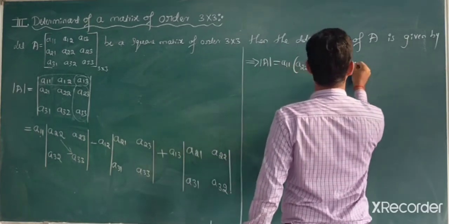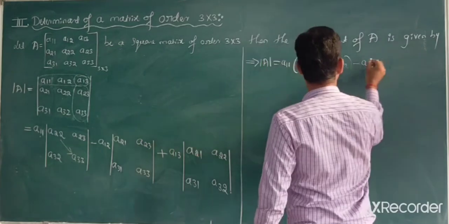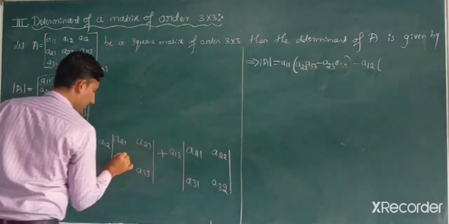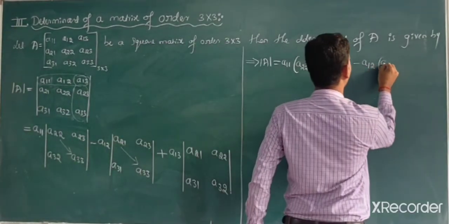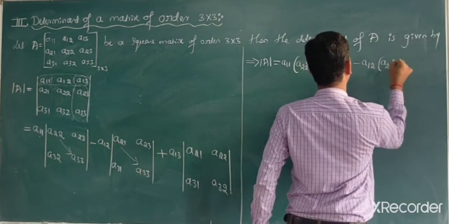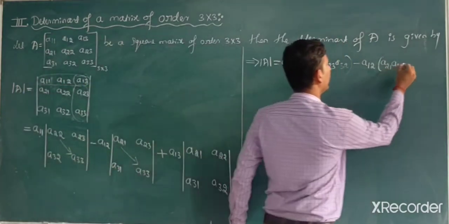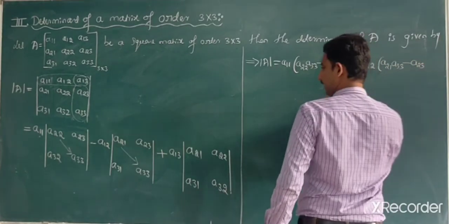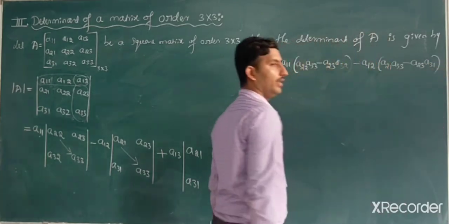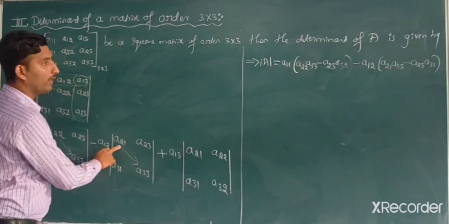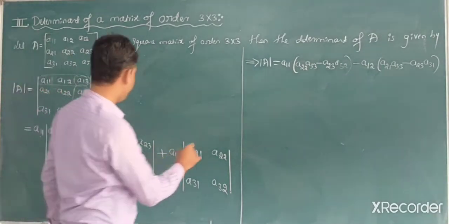After that, there will be minus A12 as it is, times A21 A33 minus A23 A31.